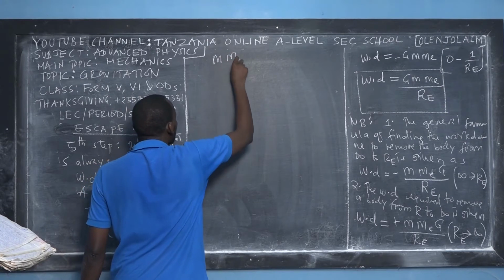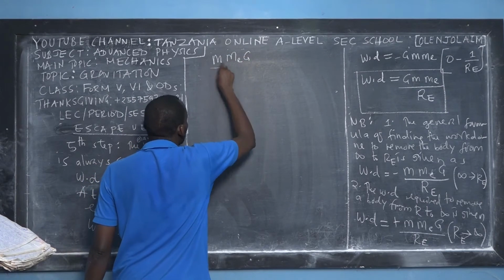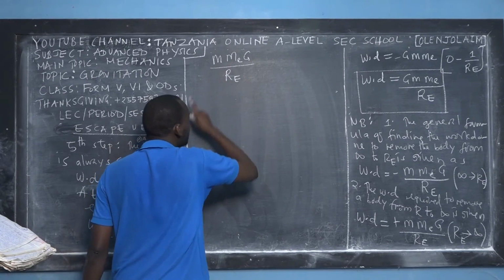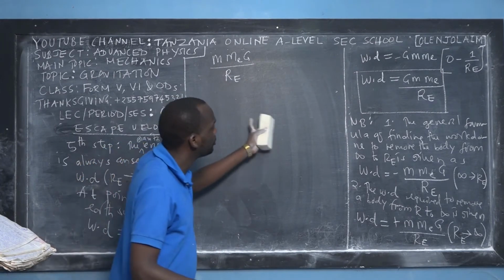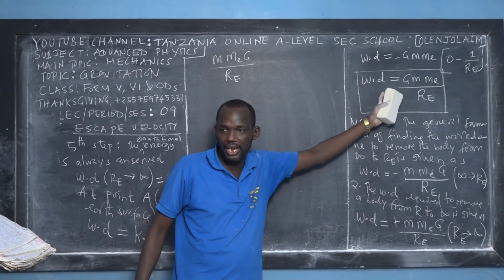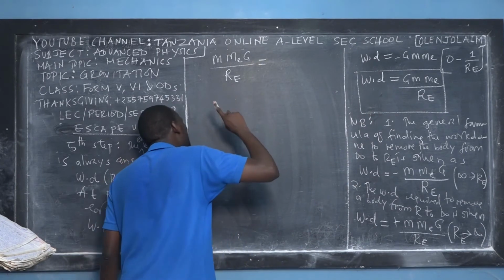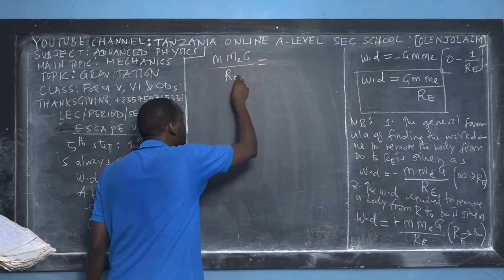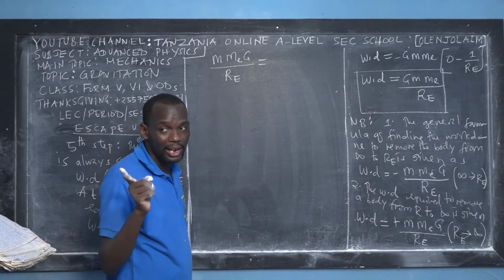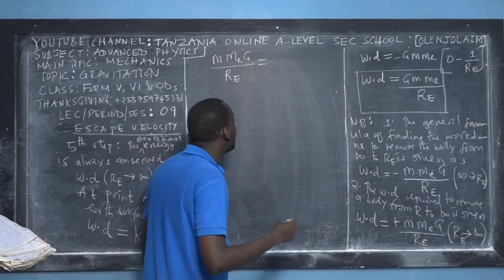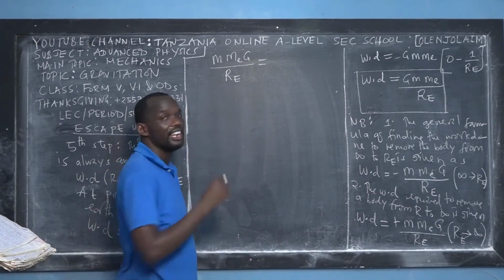So now we say that the work done is the mass of the body times the mass of the Earth times the gravitational constant over the radius of the Earth. This is the work done, right? I've taught you how to derive this. This work done provided to the body, required to move with the escape velocity, is the one which gives the body the kinetic energy.